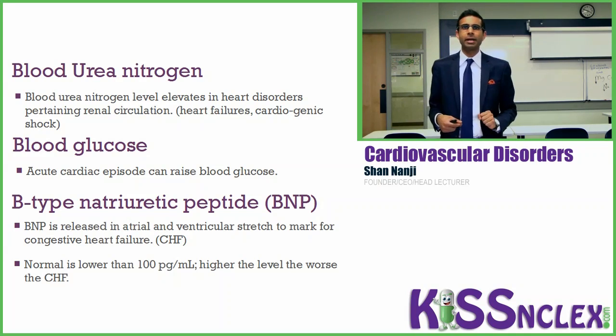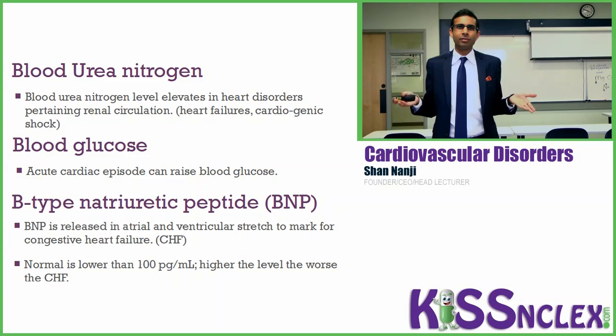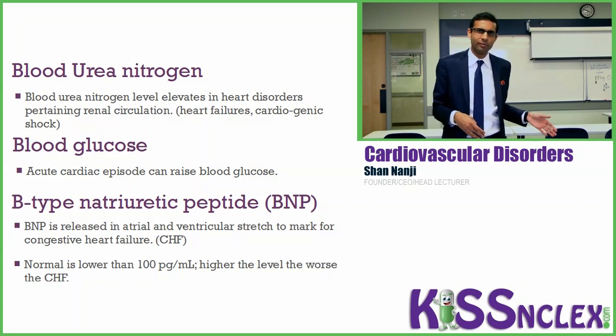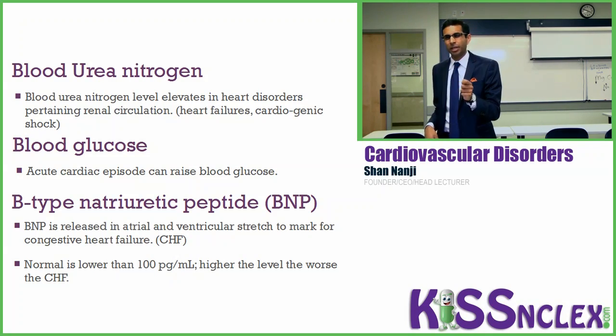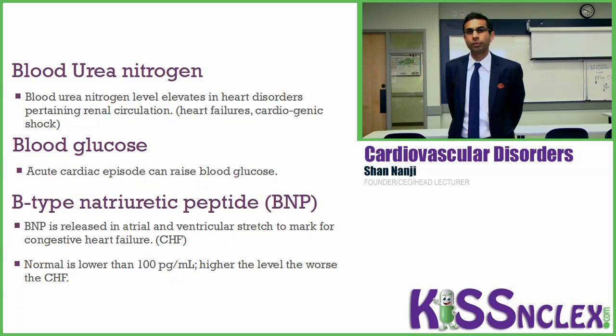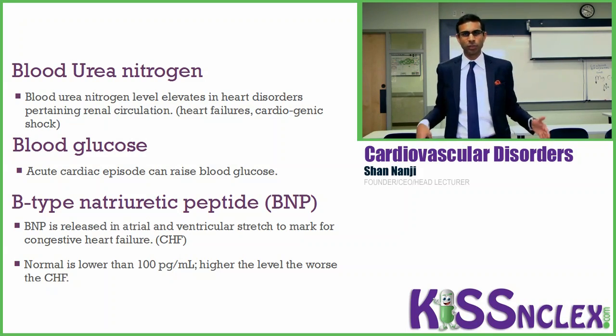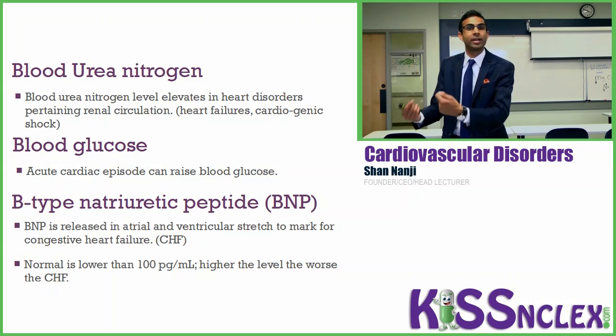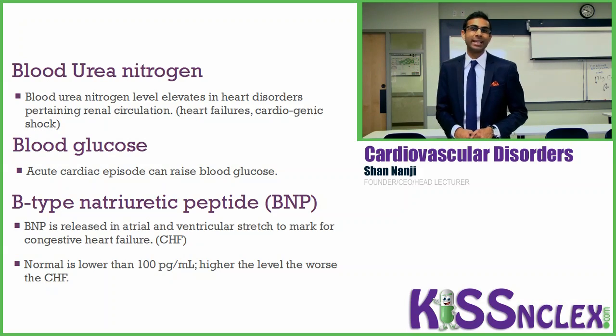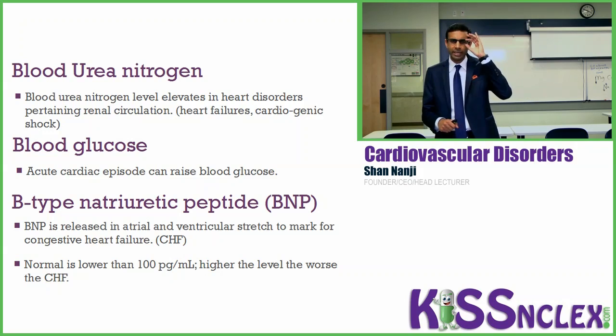Normal level of BNP is about 100, and the higher the level is, the worse the CHF is. Keep in mind, we also talked about ANP, which is released by the atria due to increased stretch in the atrium, and that can cause natriuresis and make you pee more, and that's actually what can cause a physiological diuresis when you have SIADH, syndrome of inappropriate ADH secretion.